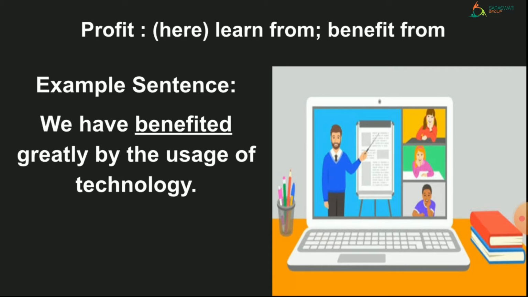That means we have got the advantage of technology. When it was lockdown period and our schools were not open yet, at that time also technology was benefiting us, right? We are getting the benefit from technology. We are getting to learn online. You can see the videos, you can learn. So that is benefiting from the usage of technology, that is getting advantage.